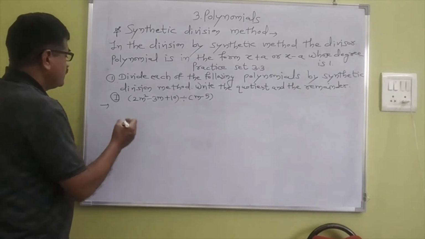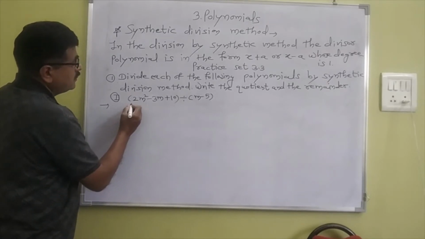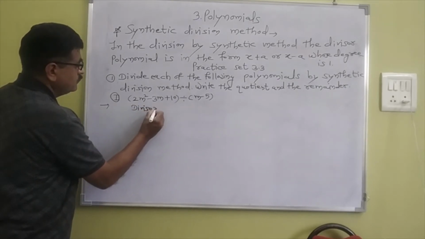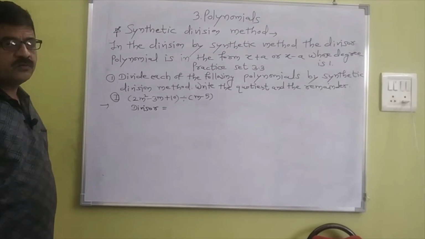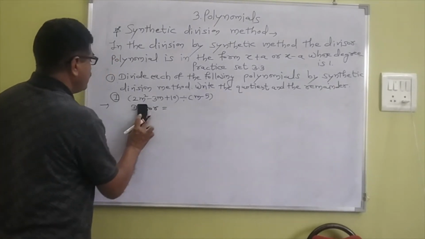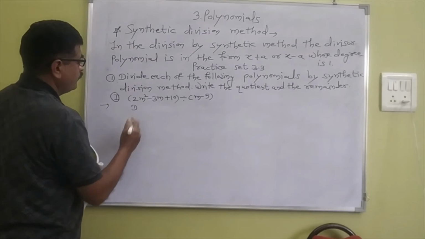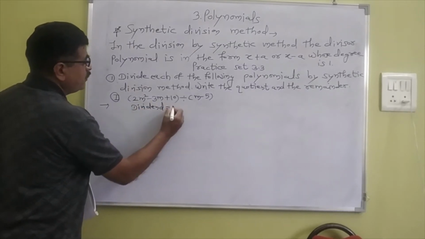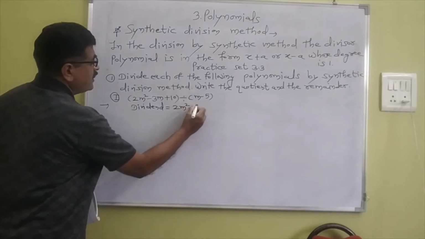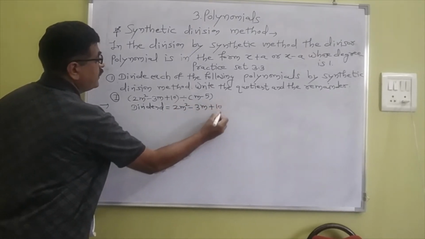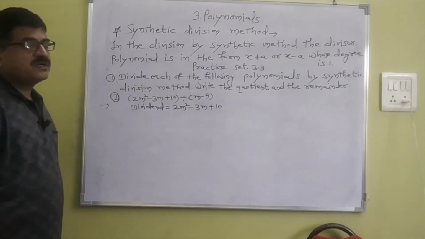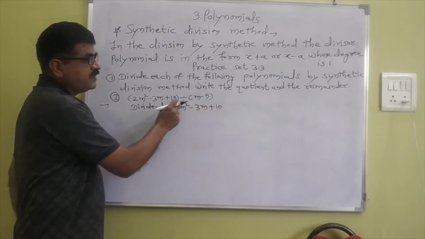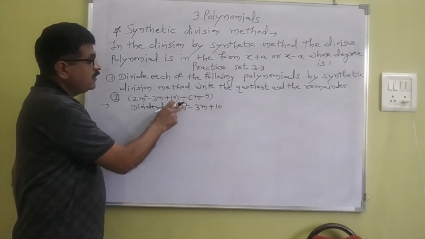Now first write down the dividend. Dividend is equal to 2m square minus 3m plus 10. Now this must be in coefficient form. What is the degree of this polynomial? 2.